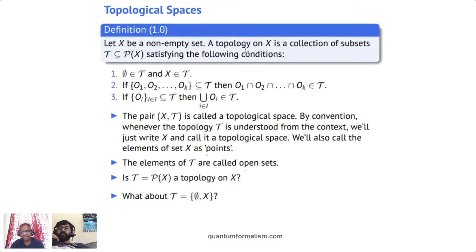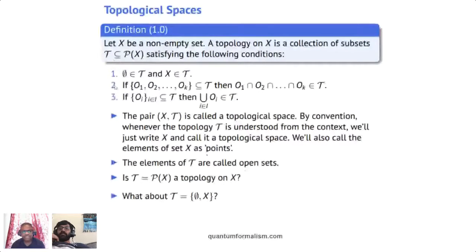It's a collection that satisfies these three conditions. The first condition is that the empty set is in T, and the set X itself is also in T. This is the first condition that it has to satisfy in order to be classed as a topology. So if I give you a T and tell you, give me $10 for it, you have to make sure that the empty set and X are in the collection. Otherwise, I've cheated you.